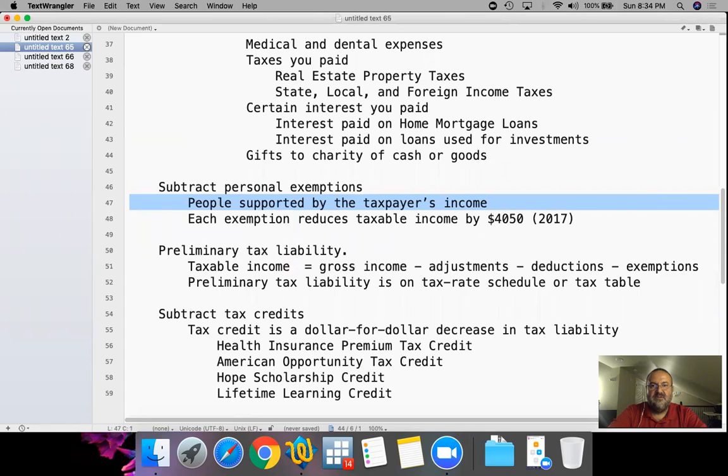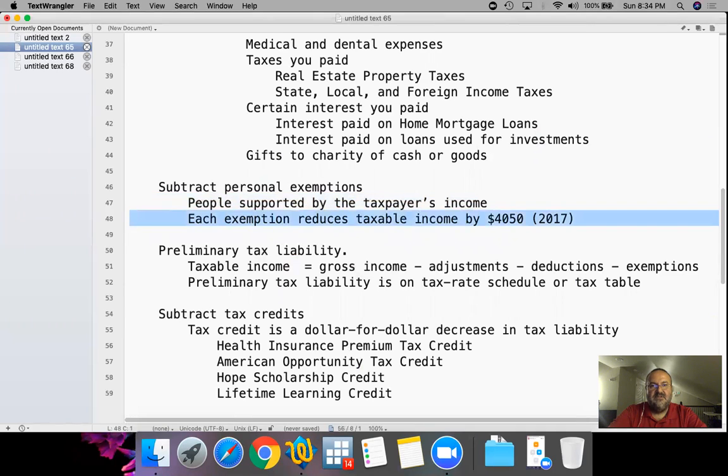So my exemption is one. My wife is working, she has her own income, and therefore she's not dependent on me. However, my daughter is dependent on me. So if I'm filing with my wife, as a married couple, then we have one exemption, and that's our kid.